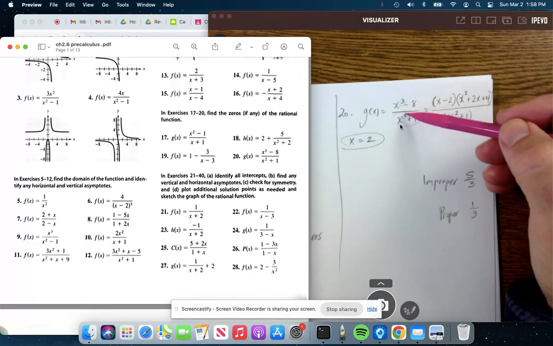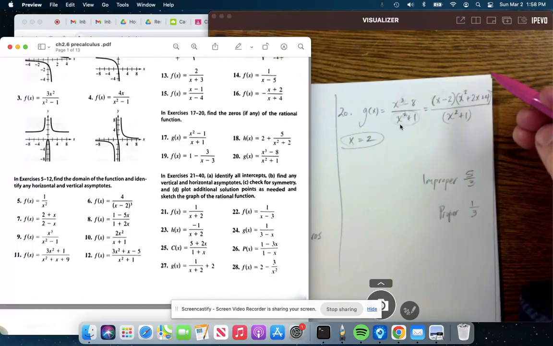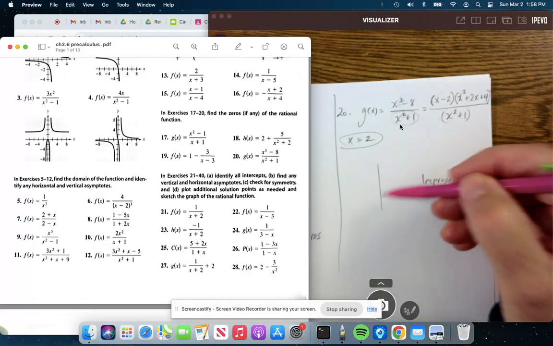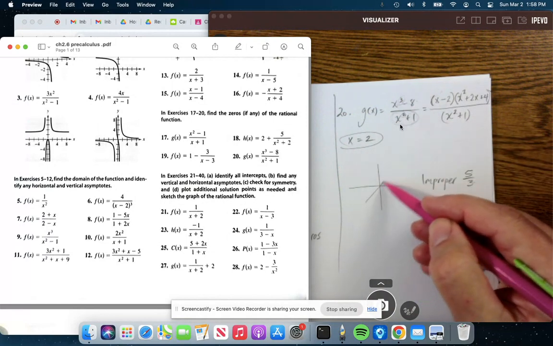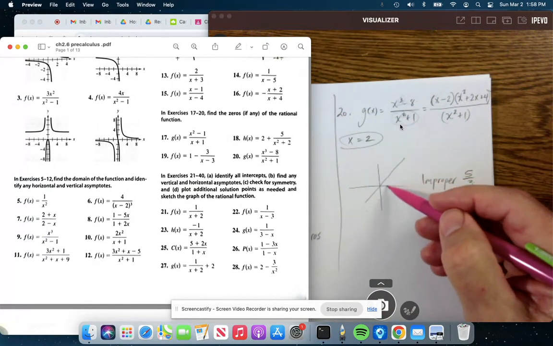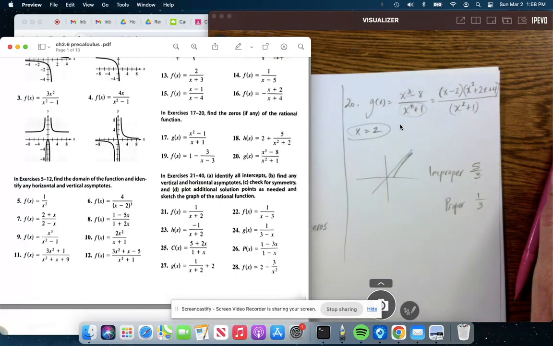But because this is 1 degree higher, I believe we will have what's called an oblique asymptote. And an oblique asymptote is basically just linear, right? So it's going to be something like this. And the graph will approach that line, that imaginary line somehow when I go to graph it.